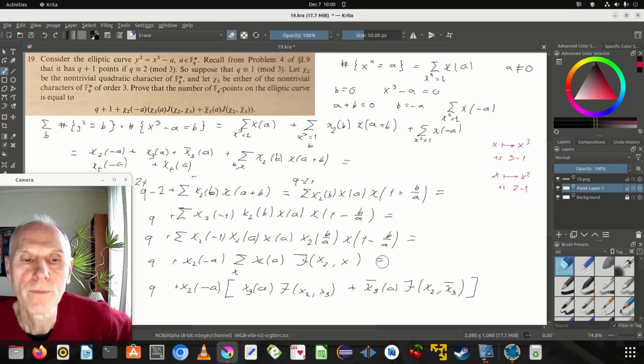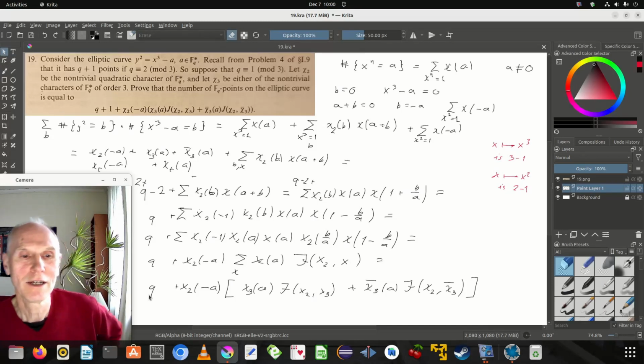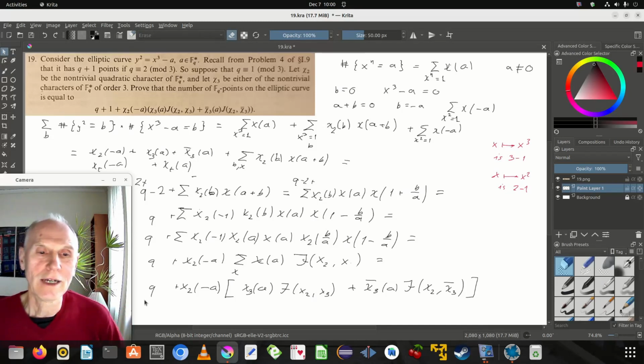There we go. And the final icing on the cookie is that this is the number of affine points, and this is the number of projective points.